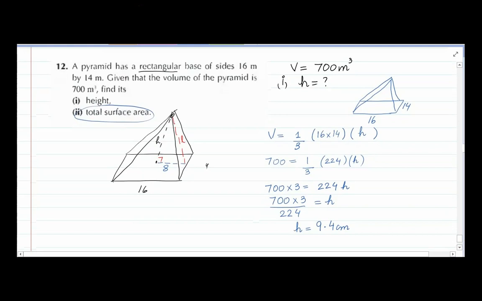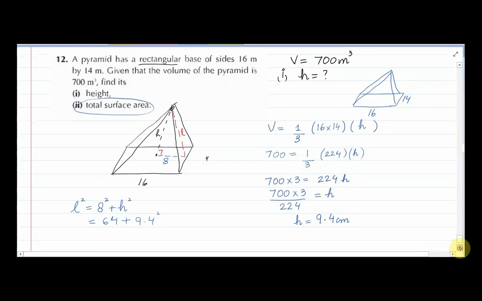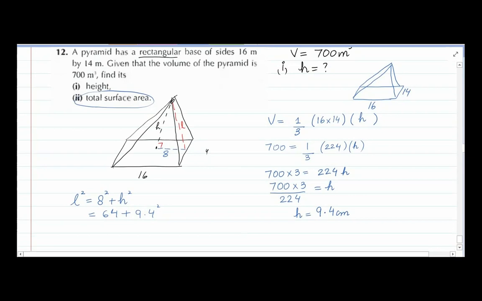So L square is equal to 8 square plus h square. h is 9.4, so 8 square is 64 plus 9.4 square, right? 9.4 square is 88.36, plus 64, it's 152.4 centimeter square. You need to find out the value of L.